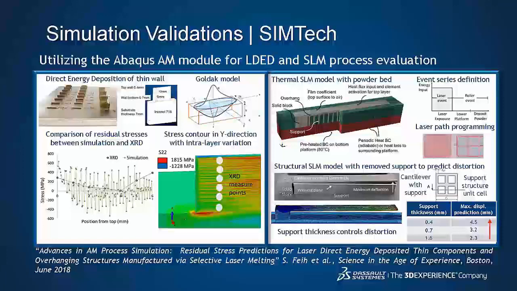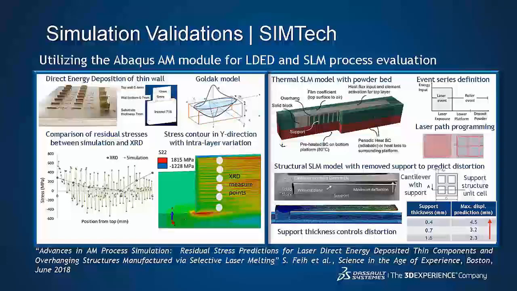For the LDED process, thin wall components are simulated and residual stresses are predicted and compared to XRD residual stress measurement results. It is shown that even when using the optimal processing parameters for laser cladding, tensile residual stresses are still generated with a high value at the starting and ending positions of the wall. Cracks are at the corners and were also observed during sample preparation.